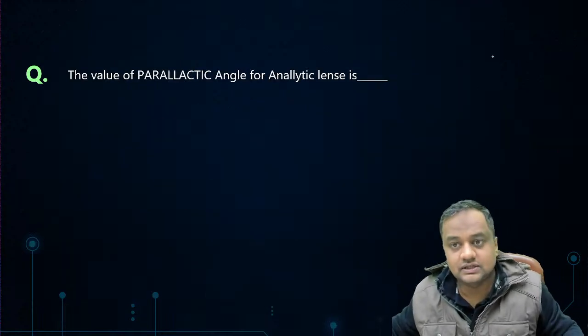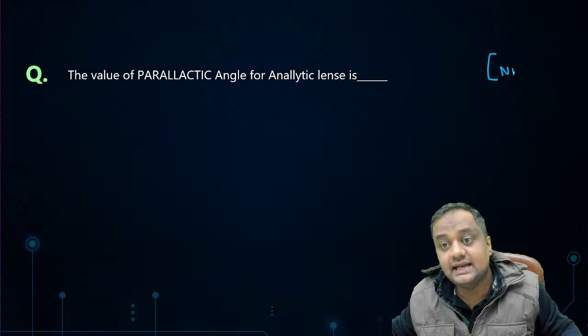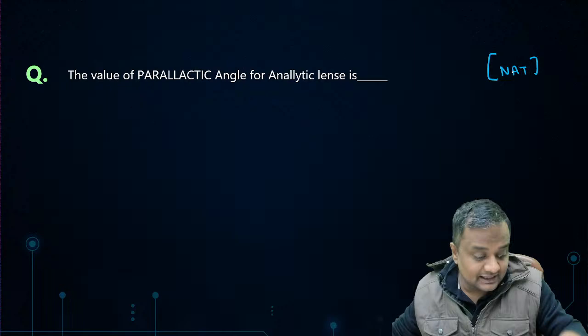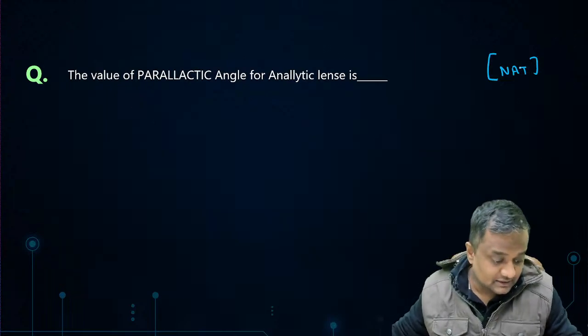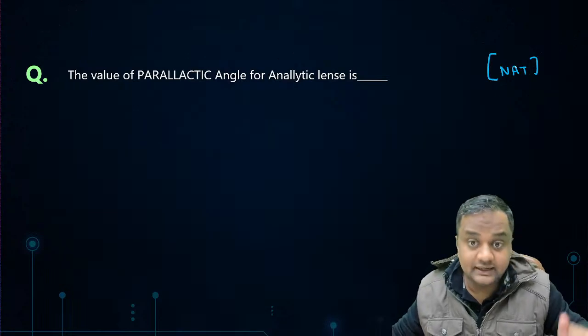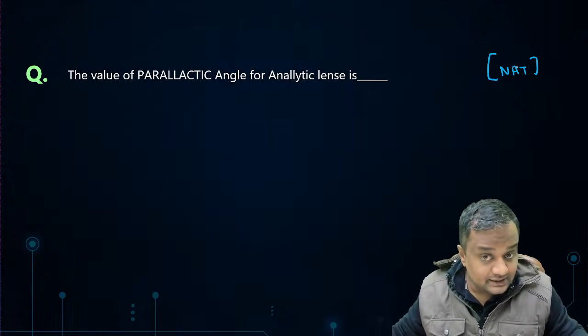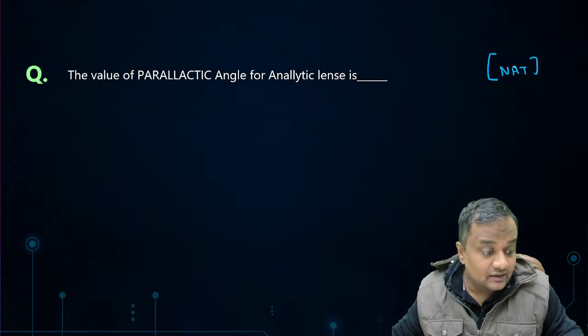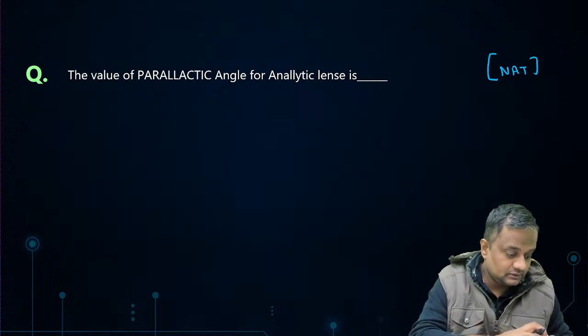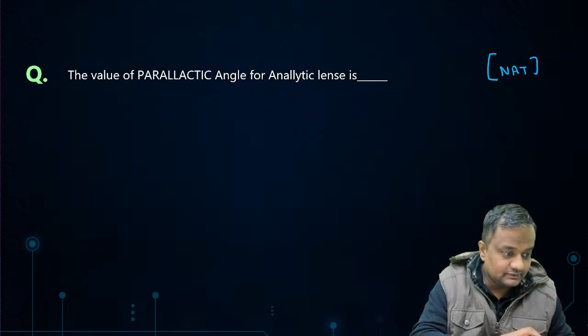This is the question that can be asked in NAT. What is the value of the parallactic angle of analytic lens? I repeat, you have to tell me the value in degree, minute, seconds. What is the parallactic angle for analytic lens? Come on, everyone.